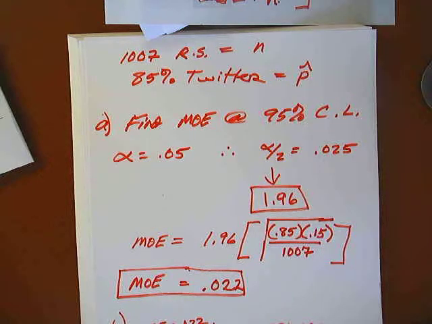So anything between 0.82 and 0.87 is likely to contain the true population proportion. So we are more than 0.75. So it does appear that we're okay with the 85% being more than 0.75, that people know what Twitter is.